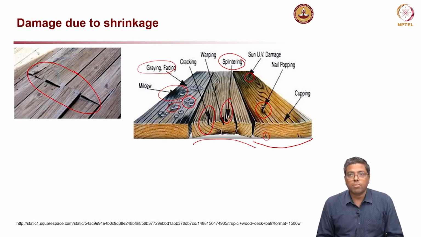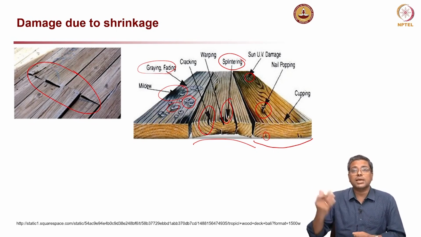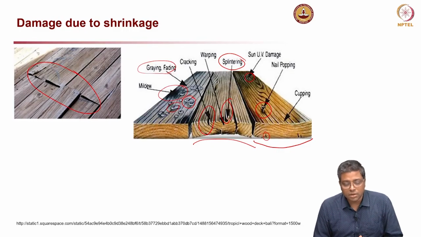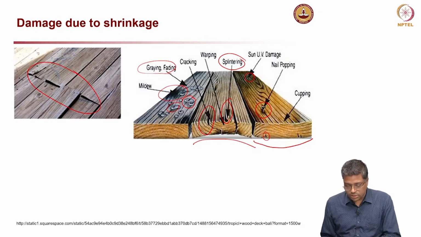Many of these problems, we call this behavior cupping on the right side. When that happens, even the nail can come off because of the pressure exerted by the wood itself, by the shrinkage action. So these are all general problems experienced by wood and wood structures.